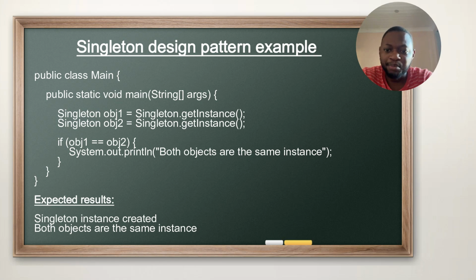And below we have a check to see if the first object is equal to the second object. If they both are equal, we'll have "both objects are the same instance" printed out.